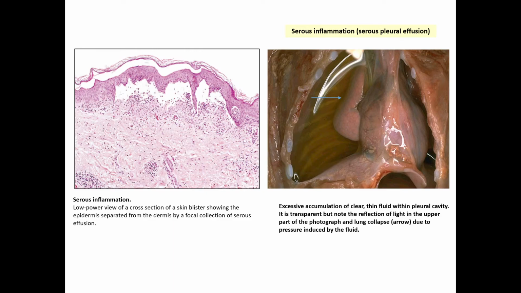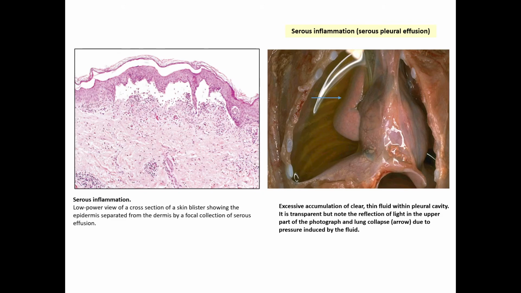On the right side, this is a serous inflammation, serous pleural effusion, excessive accumulation of a clear thin fluid low in protein in the pleural cavity. This is in the lung. You notice the shiny shadow pointed by the arrow, which shows the space filled with fluid.